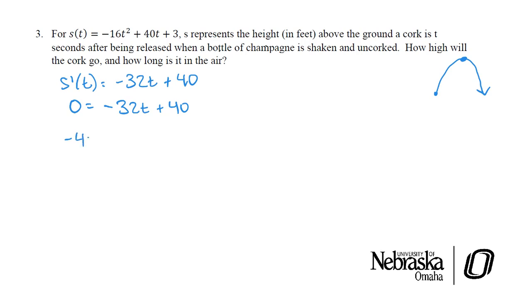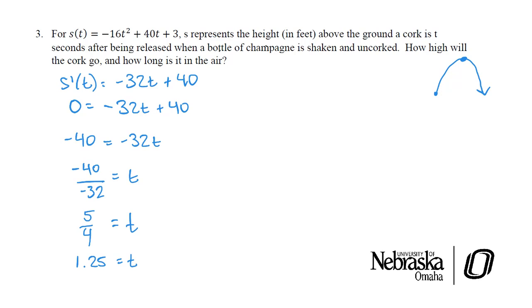So subtract 40 from both sides and then divide by negative 32. And if we divide both of those by negative 8, we should get 5/4. Or if we want to use our calculator, 1.25.